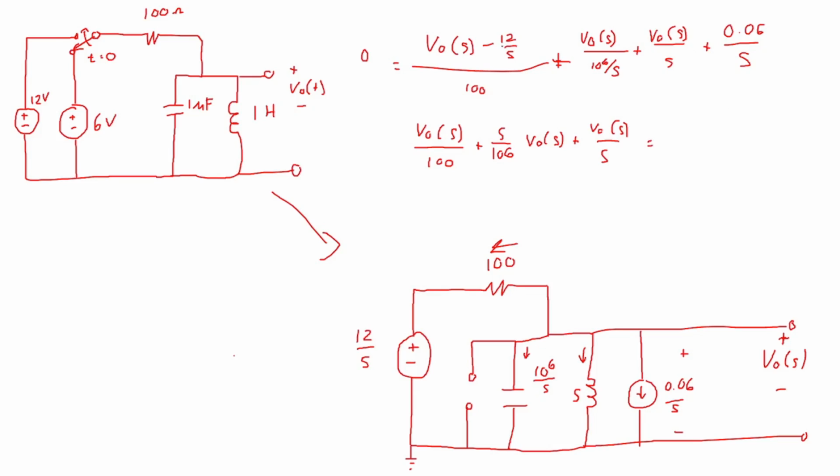Okay, and so then that's going to equal 12 over 100S is like 0.12 over S minus 0.06 over S. Combine those together, and this is just going to be 0.06 over S. Which already says something very important, that 0.06 over S is the 6-volt difference from 6 up to 12 divided by S. So the initial conditions are what, again, are compensating and ensuring that this actually does what it should do when it starts at 6 and goes to 12.